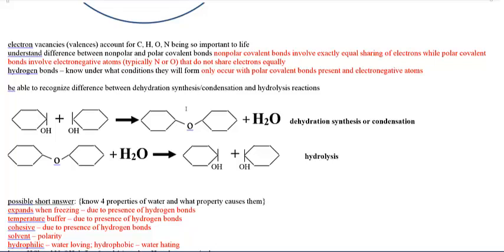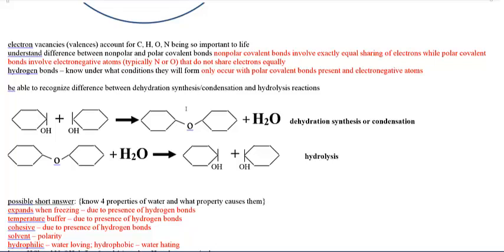So we develop a polarity here with the hydrogen side of the water molecule being slightly positive and the oxygen side of the water molecule being slightly negative. Also, this is because oxygen is considered to be electronegative. That means it has a stronger attraction for electrons.